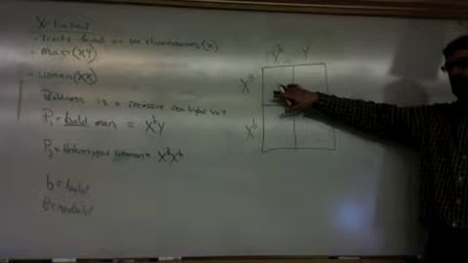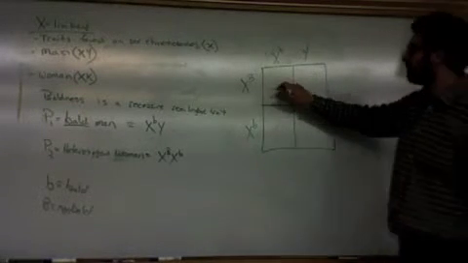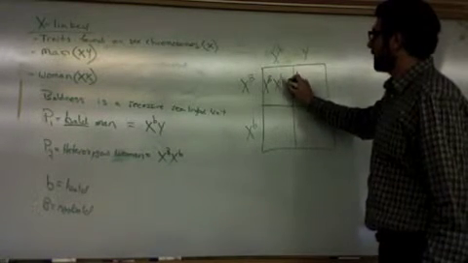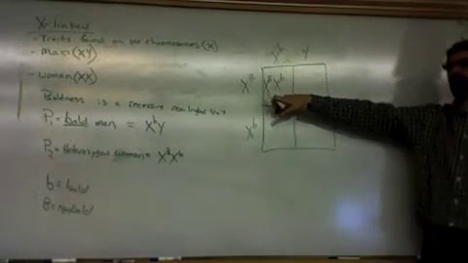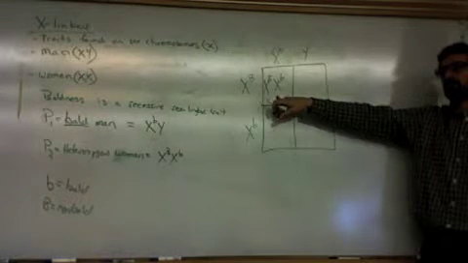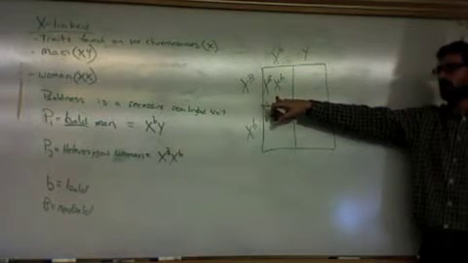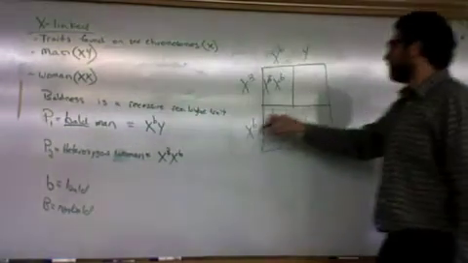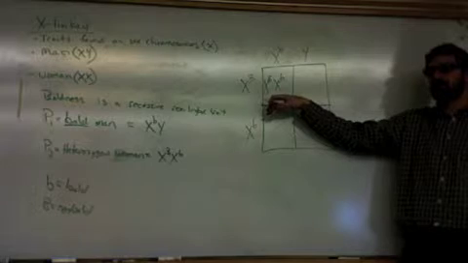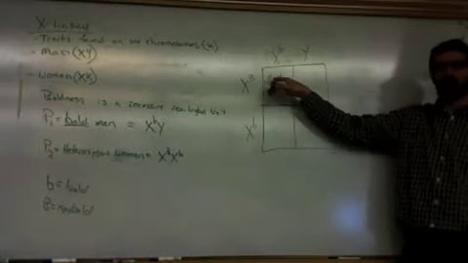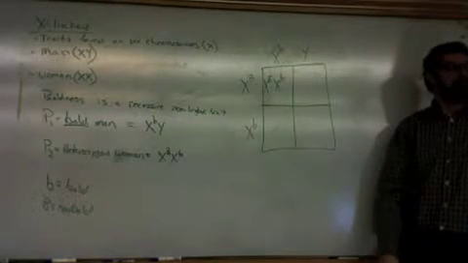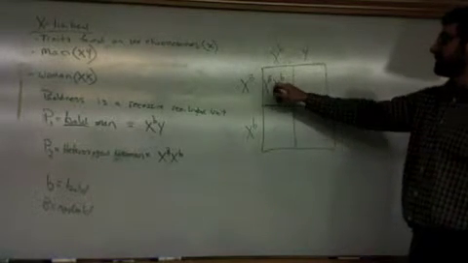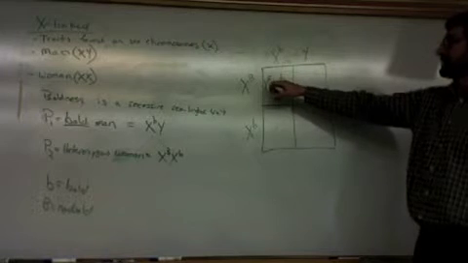Josh? What is this going to be, a boy or a girl? The 2 X's make it a girl. Is it going to be bald or not bald? Not bald, because it's a recessive gene, she's heterozygous, so she's not going to be bald.